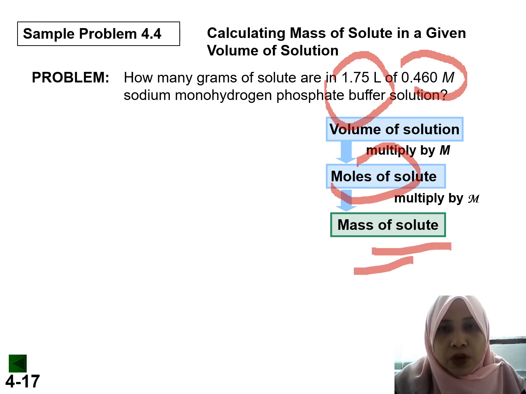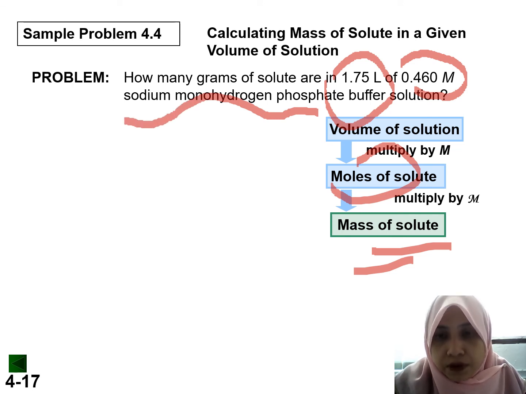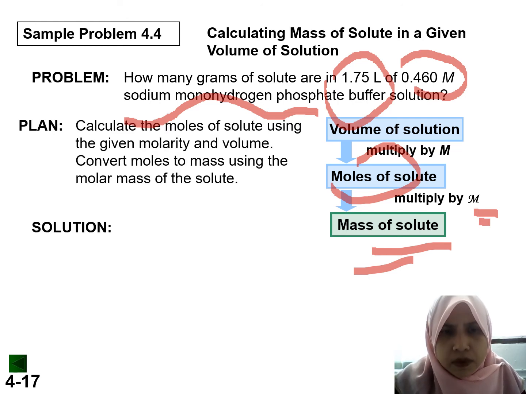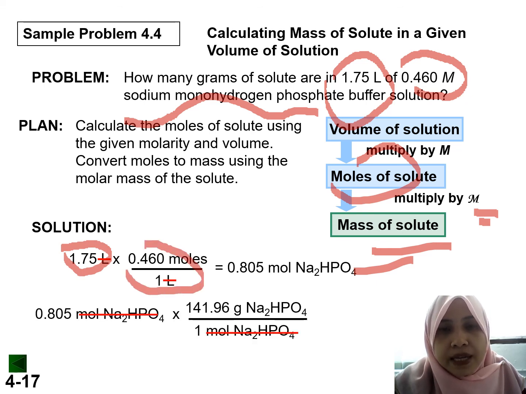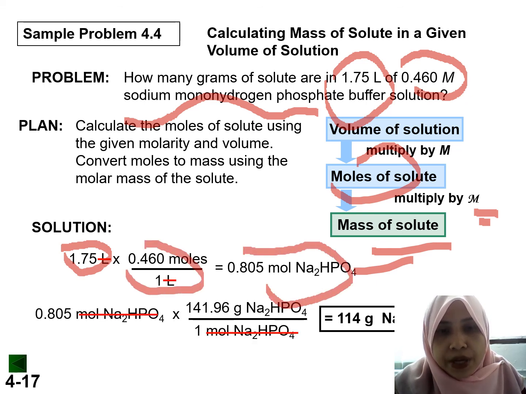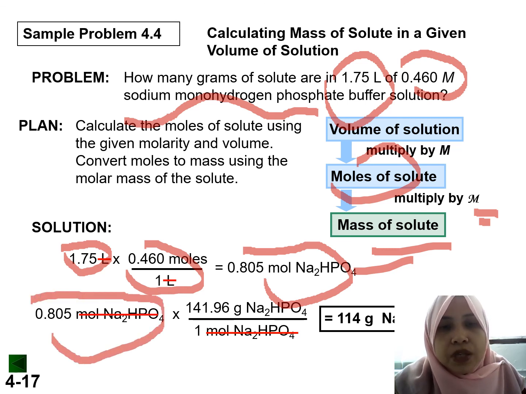So make sure you know how to write the chemical formula for sodium monohydrogen phosphate, so that you will get the molar mass for the solute correctly. Given volume and molarity, you will get the mole for the solute. After you get the mole, you need to multiply with the molar mass of the solute, then you will get the mass of the solute.